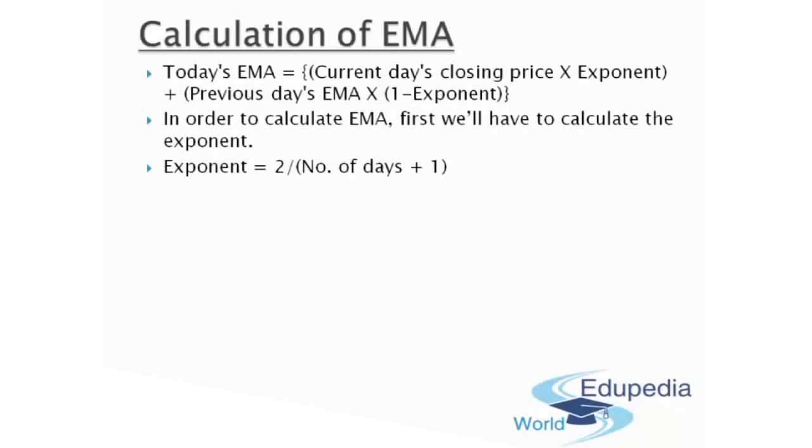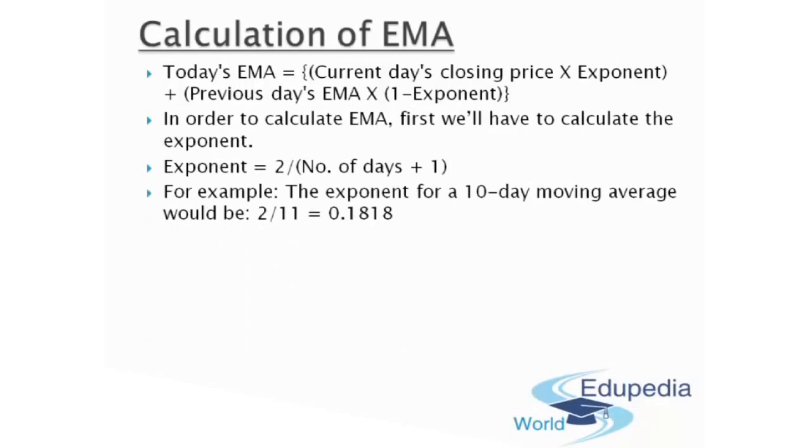For example, the exponent for a 10-day moving average would be 2 divided by 10 plus 1, that is, 2 divided by the number of days plus 1. So that would be 2 divided by 11, and it will come out to 0.1818.